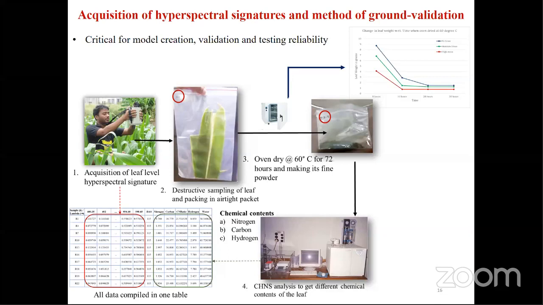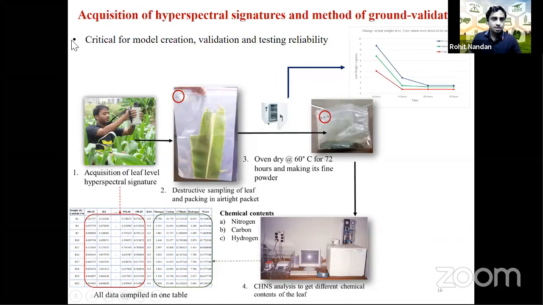So this is the way we are collecting the spectroradiometer data. We have this handheld instrument, and from that we collect the spectroradiometer data. We take that leaf in the lab and dry it for 72 hours, then make it into powder form.